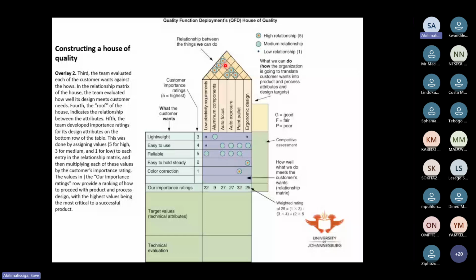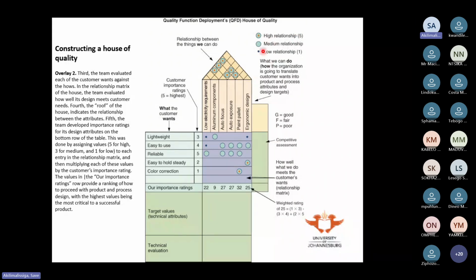If you are building a house of quality from scratch, you have to create a legend, and from that legend, you use different symbols to represent the relationships. On this side, we have the legend. This sign means high relationship, and between brackets is 5. We're going to make use of those numbers later on.